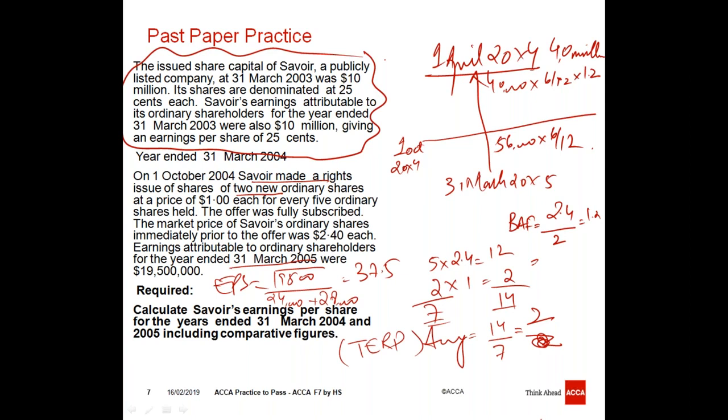When all the sellers come in the market, there will be a slight decline in the market price. So this value is calculated. You can calculate the average value. When all the shareholders having the rights come in the market and sell, the average price of each share will be approximately 2.